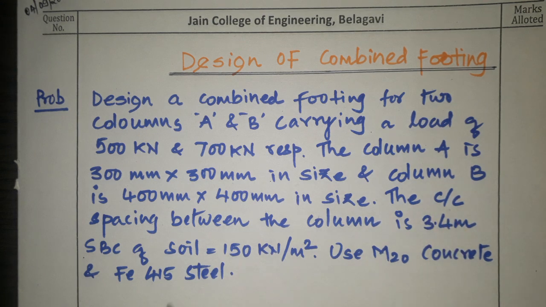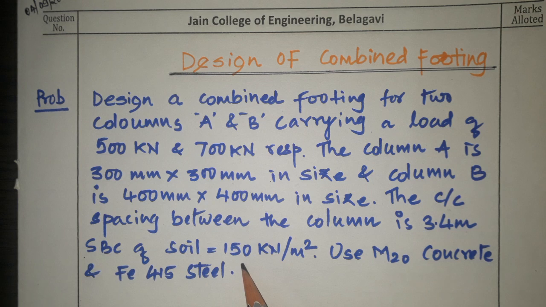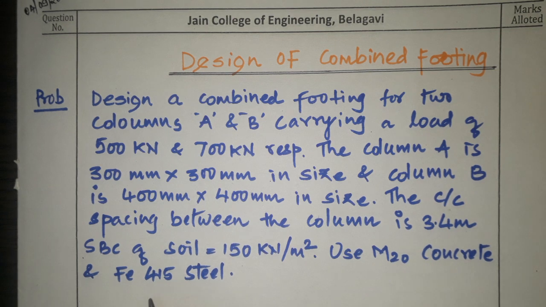The center to center spacing between the columns is 3.4 meter. The SBC of soil is given as 150 kN per meter square. Use M20 grade concrete and Fe 415 steel. This is the given statement of the problem.